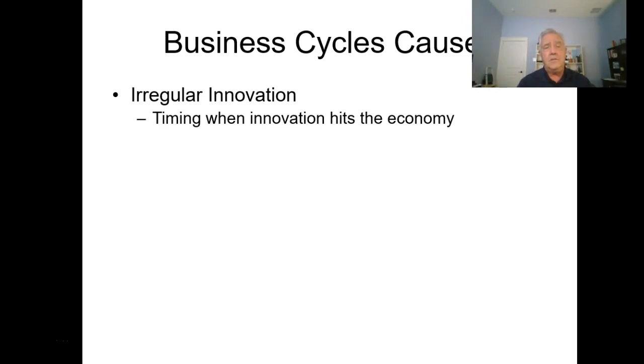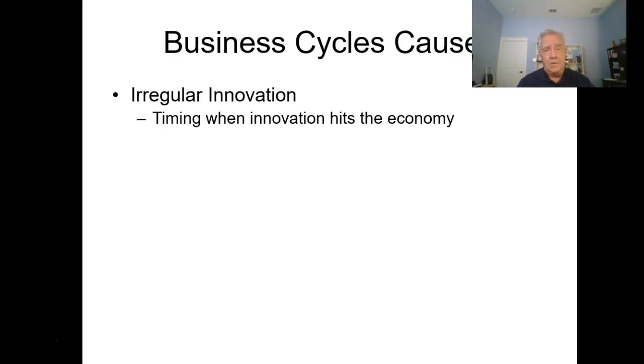Okay, so causes are possibly irregular innovation. Now, innovation, there's no way to time it as to when it hits the economy, and it may cause disruptions in the economy. For instance, in the field of automation, we've replaced in a lot of factories, we've replaced workers with robots.